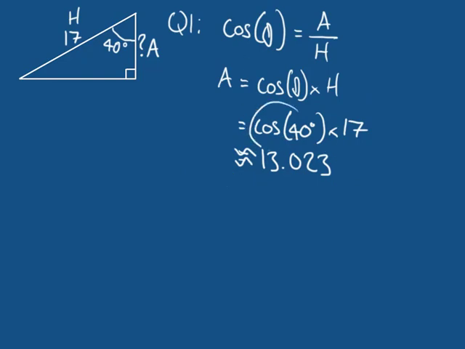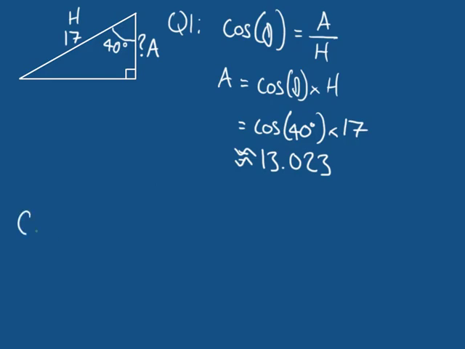We want to find the cosine of 40 degrees and multiply that result by 17. So if your calculator works slightly differently, look in the instructions to see how you find the cosine of an angle, and then once you've found that, multiply that by 17. And if you get all of those stages correct, then you'll get the answer 13.023. So that's question 1.